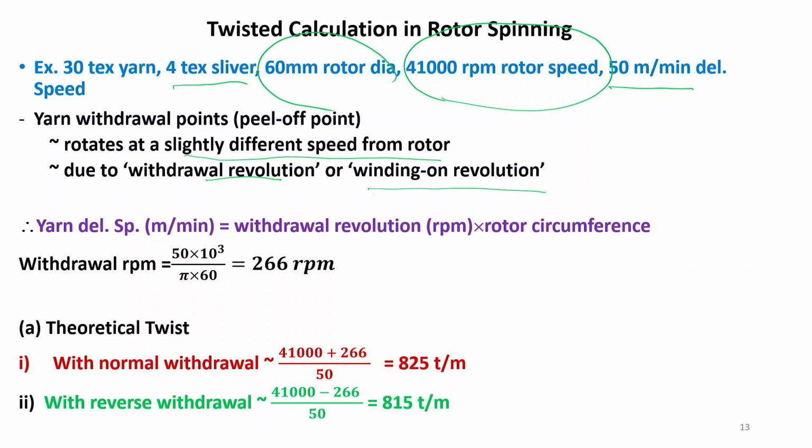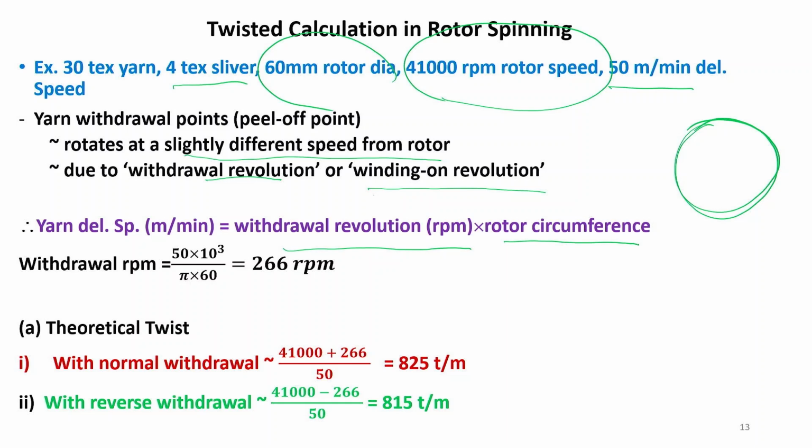So, what is withdrawal revolution? Due to the withdrawal speed, for one circumference of withdrawal there will be one revolution of the peel off point. So, yarn delivery speed equals withdrawal rpm times rotor circumference.